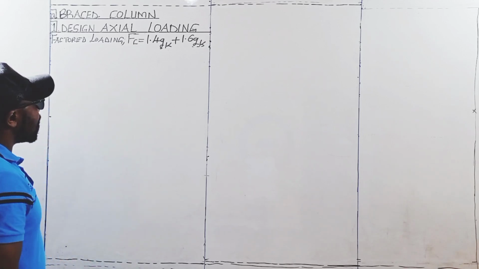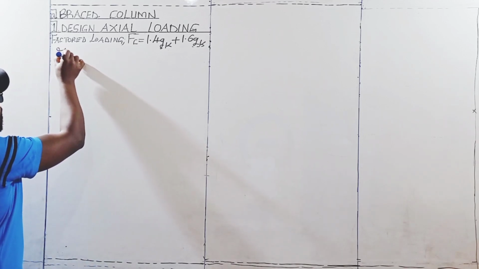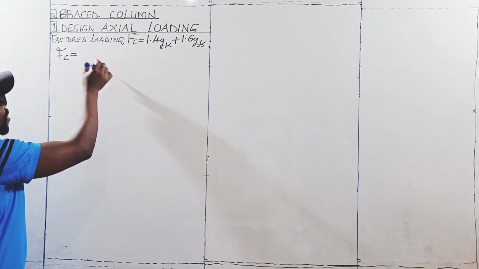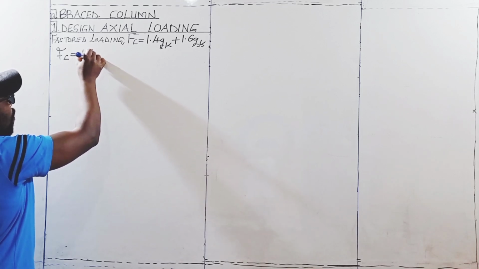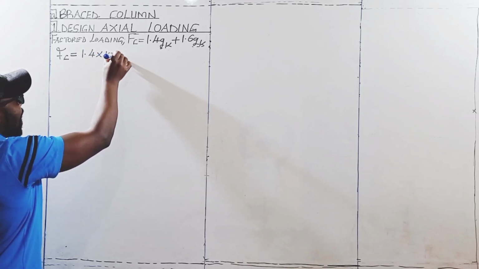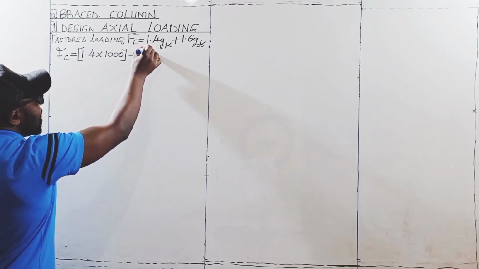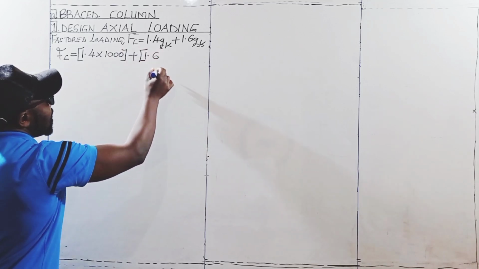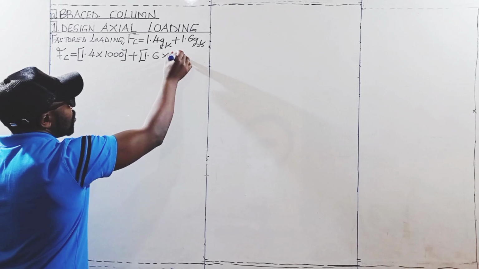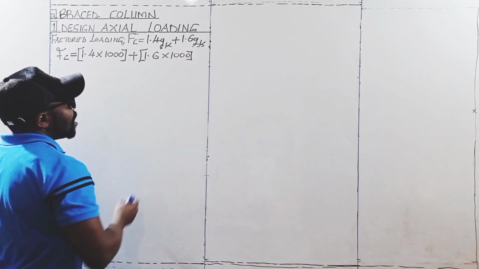And therefore, FC, the factored loading, will be given by 1.4 times 1000, which is the dead load. We add this to 1.6 times an imposed load of 1000 kilonewtons.